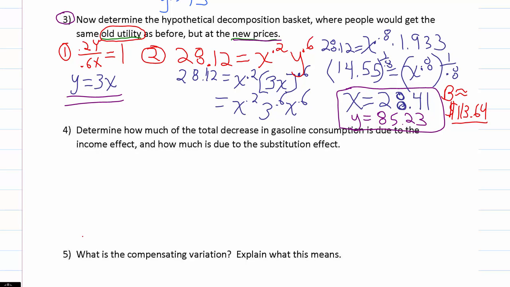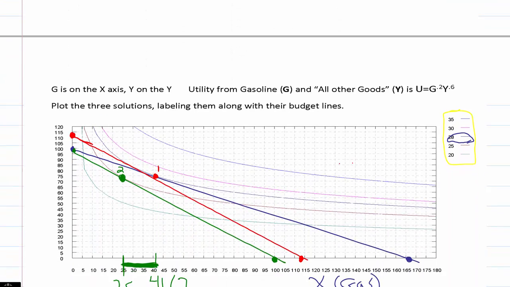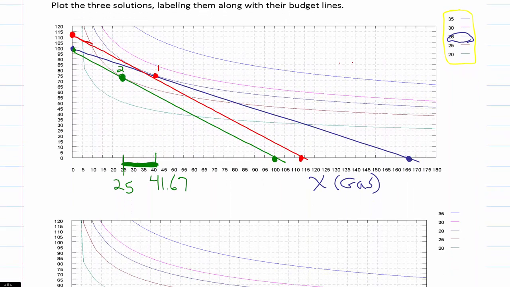So our solution was 28.41 X's and 85.23 Y's. So it's going to be a point here close to, but not quite at 30. So here is solution number 3, that hypothetical basket.